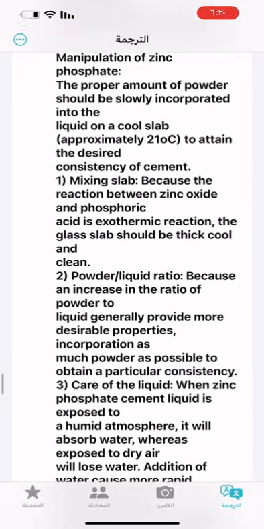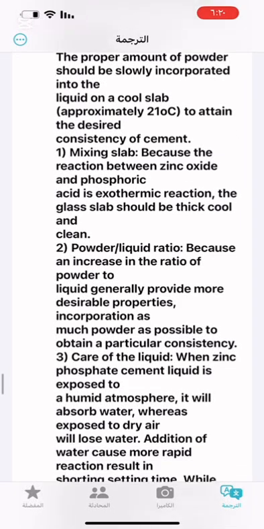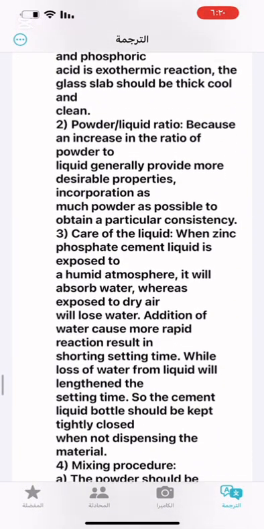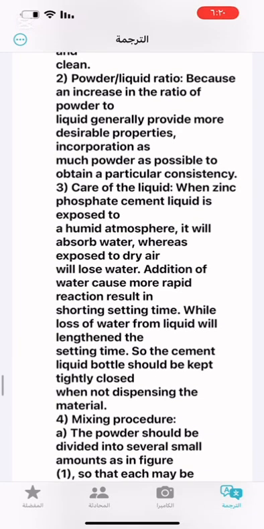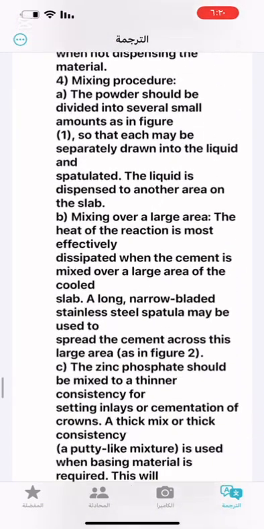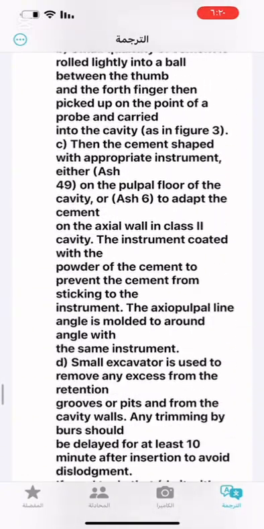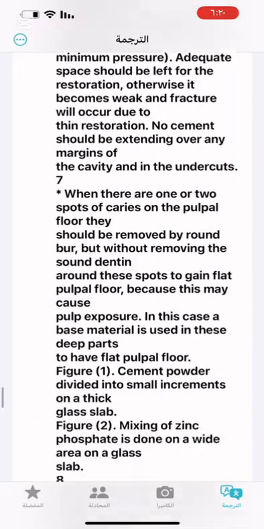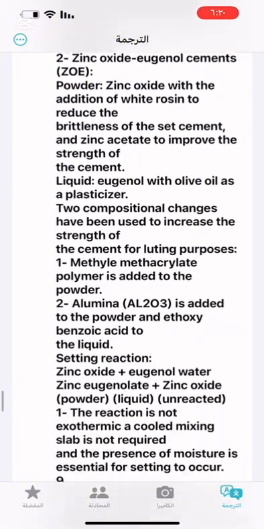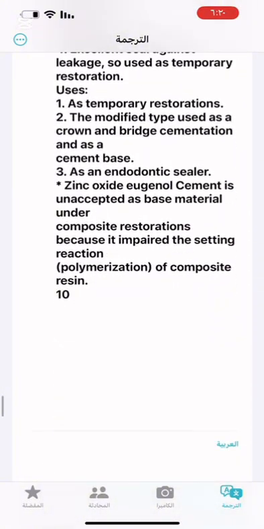Because an increase in the ratio of powder to liquid generally provides more desirable properties, incorporate as much powder as possible to obtain a particular consistency.